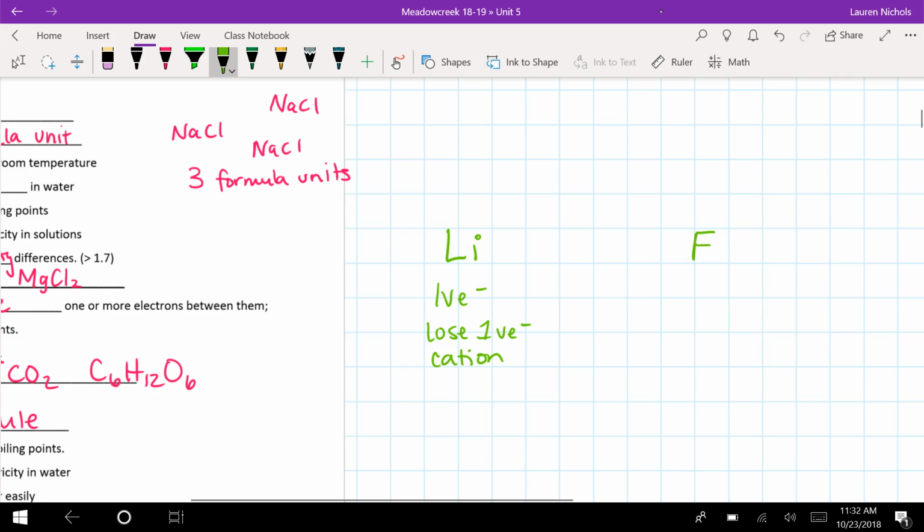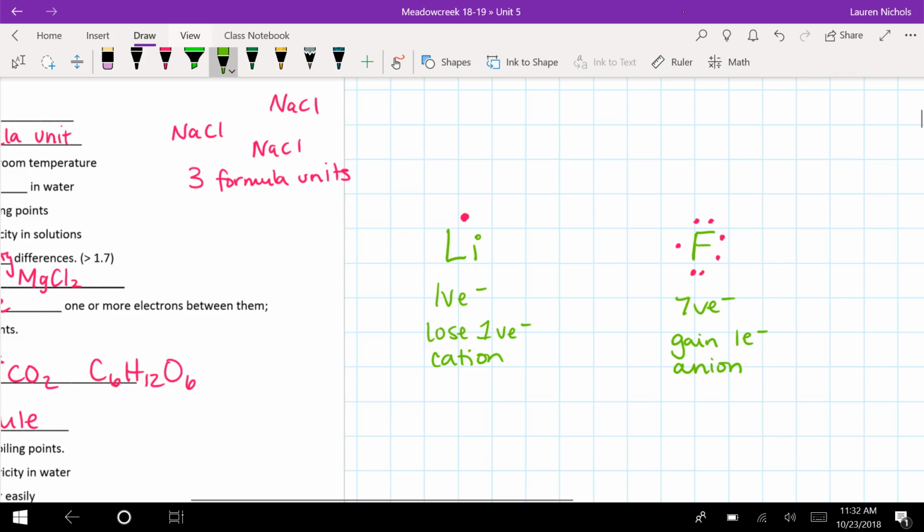Let's pretend this pink dot is its 1 valence electron. Fluorine has 7 valence electrons because it is in column 17, so it needs to gain 1 electron, and it forms an anion.